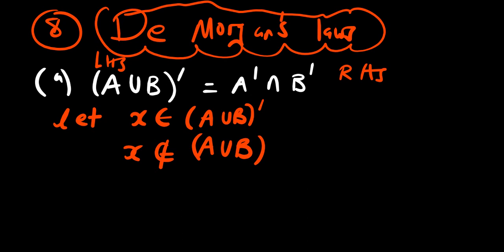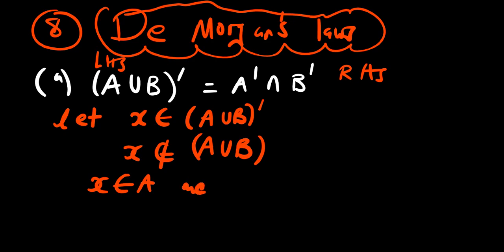Now if X is not in A and not B, we're going to distribute this, because this is now the distributive law. So you're going to say X is not a member of A, and X is not a member of B. Actually this is just one set, so they were combined.